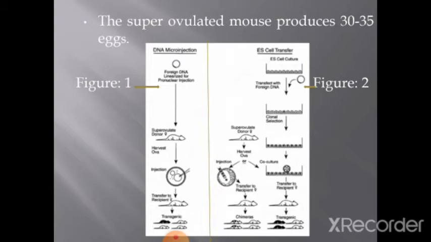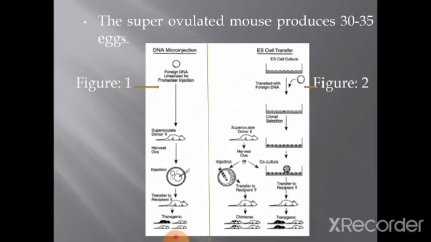How are you going to produce them? A pseudopregnant female mouse or a foster mouse is the one which has been mated the previous night with a vasectomized or infertile male. The foster mother can deliver pups after 3 weeks of implantation. You know that the gestation or pregnancy period in rats and mouse is 3 weeks.